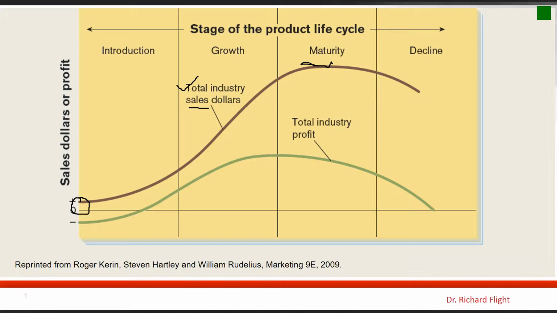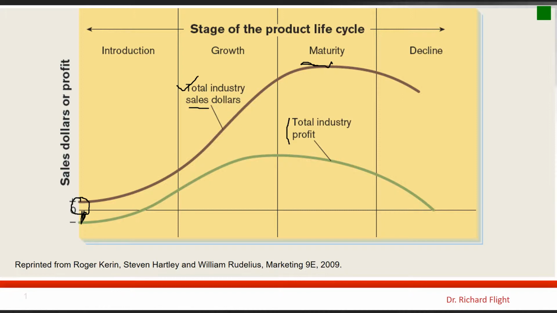The other thing that you're going to want to be aware of here on this chart is the total profit chart. And note that when the product is first launched, we have a negative amount. So we're actually losing money on a product industry-wide when it's first launched.